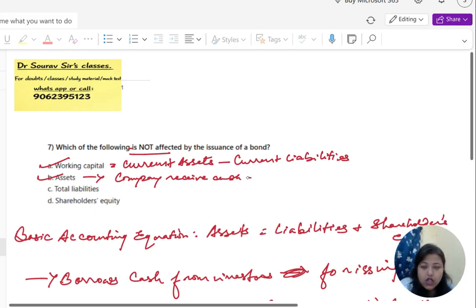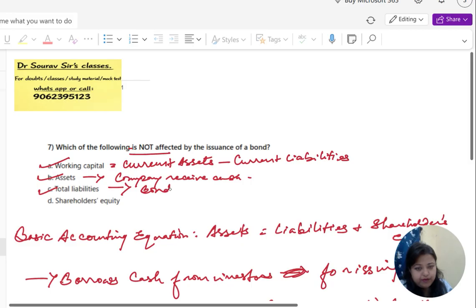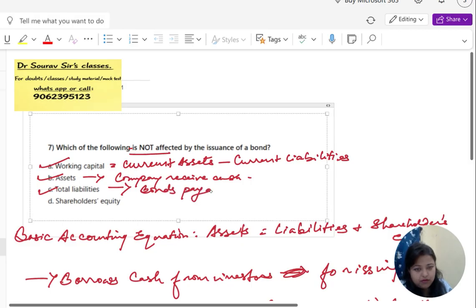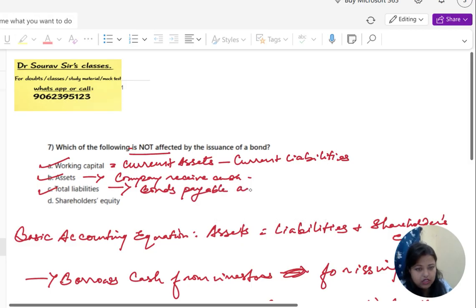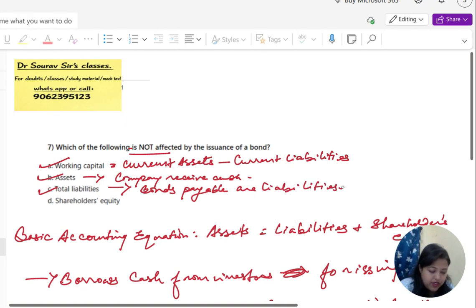Then comes total liabilities. Yes, this is affected too, because bonds payable are a liability, so liabilities increase. Coming to shareholders equity, no, it won't get affected.